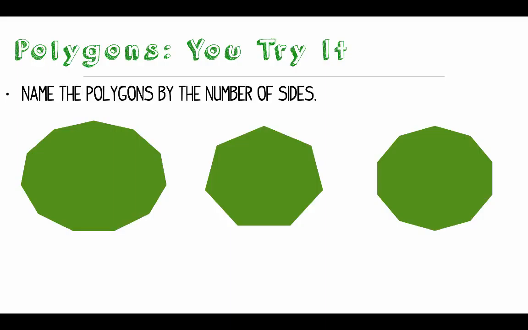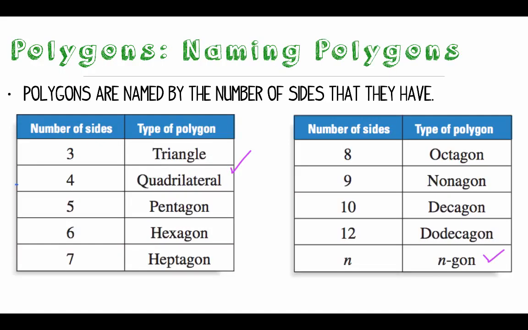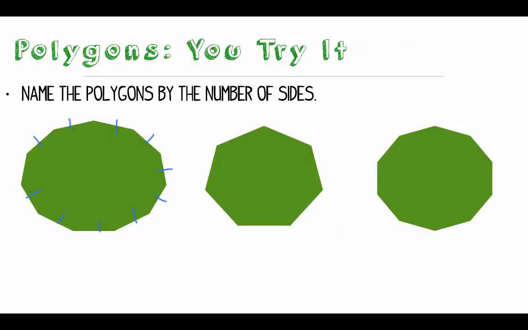Okay, welcome back. Hopefully you've taken a moment to identify these. So we got 1, 2, 3, 4, 5, 6, 7, 8, 9, 10, 11. That's our 11th one, and that's an 11-gon. Pretty original name there, but it's there nonetheless. Next one we have 1, 2, 3, 4, 5, 6, 7 different sides.